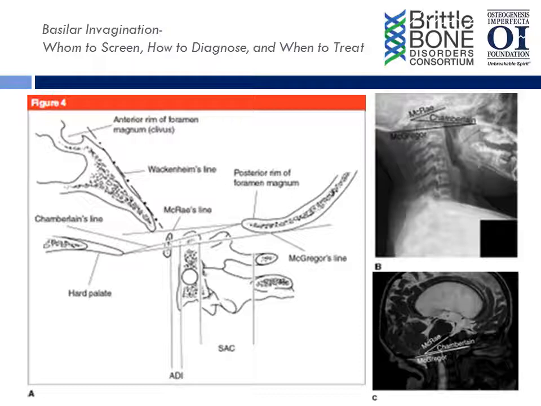But if you just have an MRI showing BI and you're examined by a doctor and not found to have any symptoms, then you can be observed.